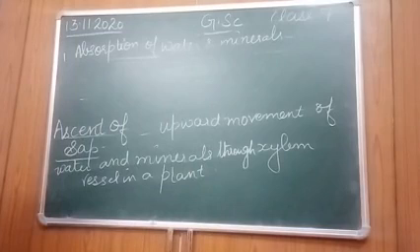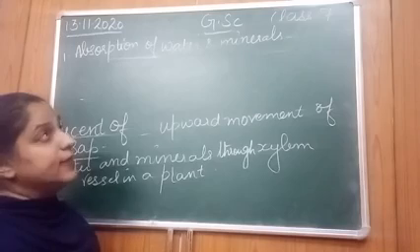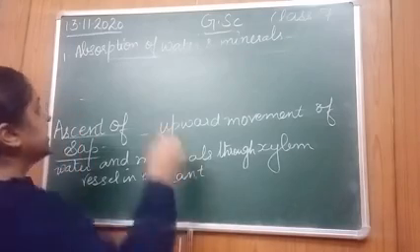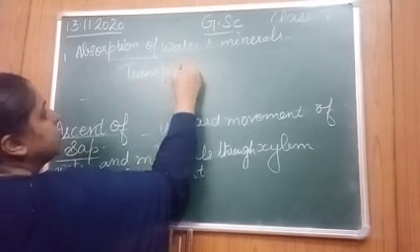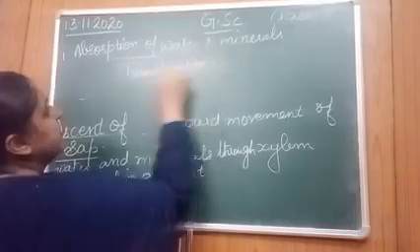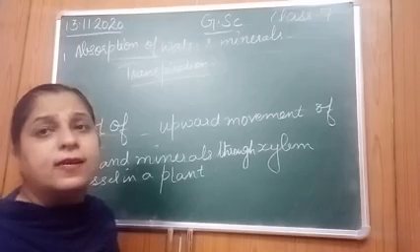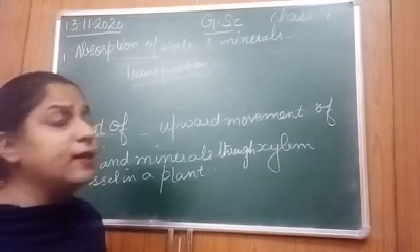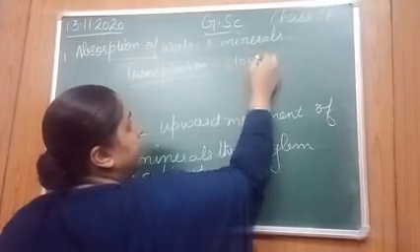But you might remember that in 6th standard we had done that transpiration takes place in plants. Right? You remember? What is transpiration? Loss of water from the leaves is known as transpiration, and this transpiration takes place by stomata, right?